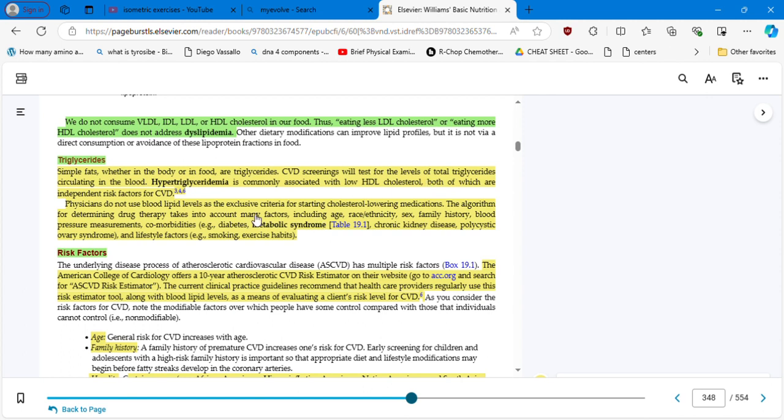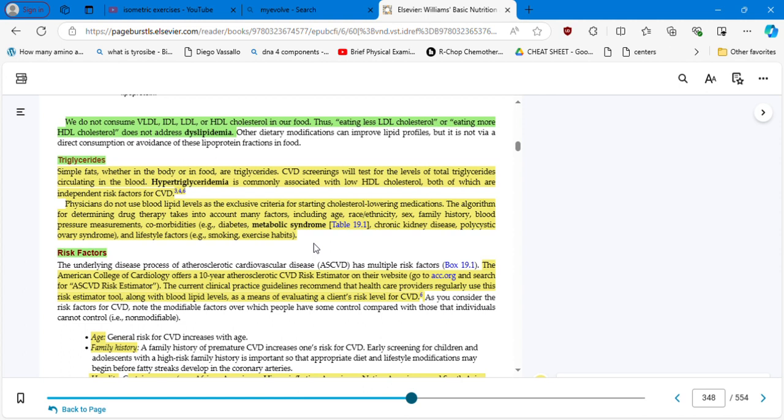Physicians do not use blood lipid levels as the exclusive criteria for starting cholesterol lowering medication. There is an algorithm for determining drug therapy, and this takes into account many factors, including age, ethnicity, sex, family history, blood pressure measurements, comorbidities, especially if the patient is diabetic or having metabolic syndrome.